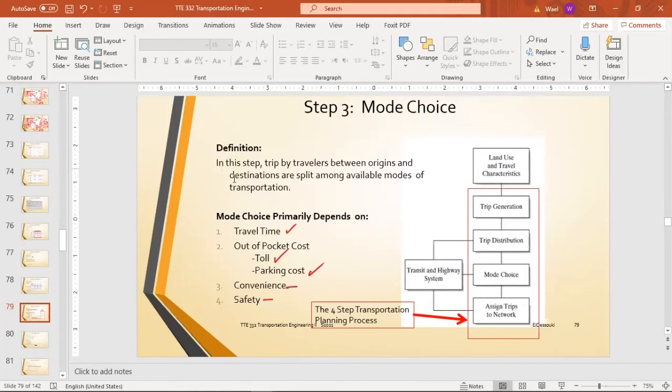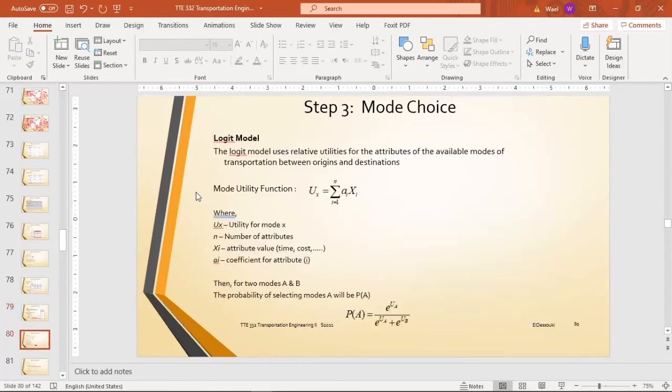So people working in the psychology area and human behavior were able to come up with a logit model. The logit model is a negative exponent model that basically determines the selection pattern for users for certain choices or decisions. They define that the logit model uses a relative utility function, UX, which is basically a weighted sum of all of these factors.